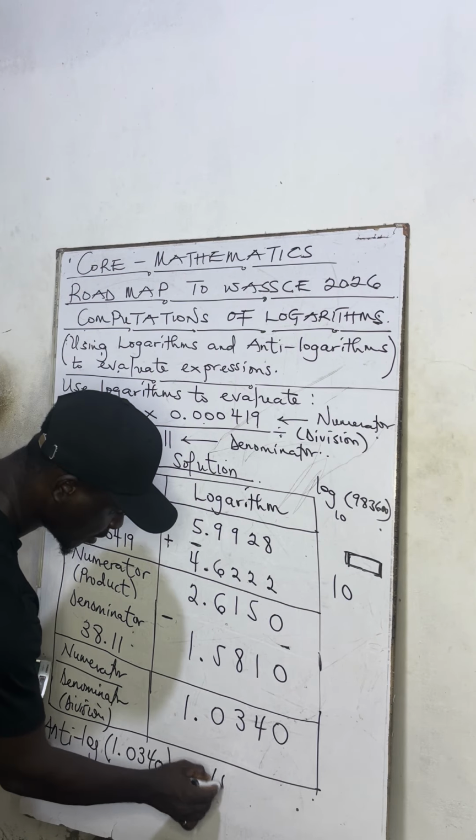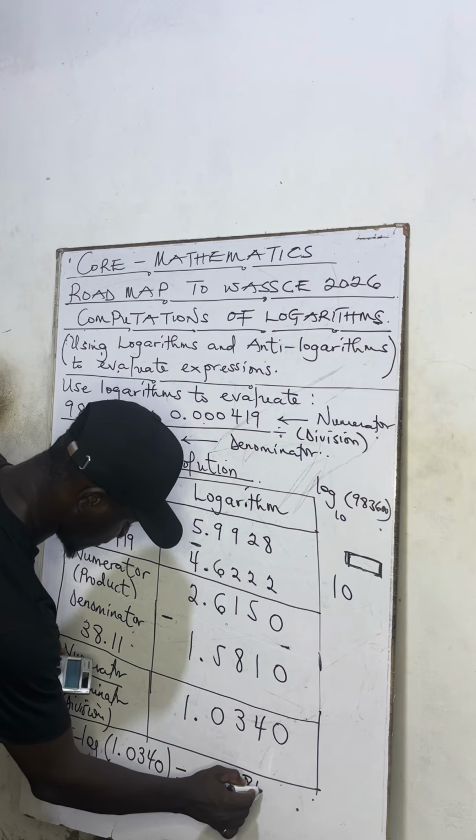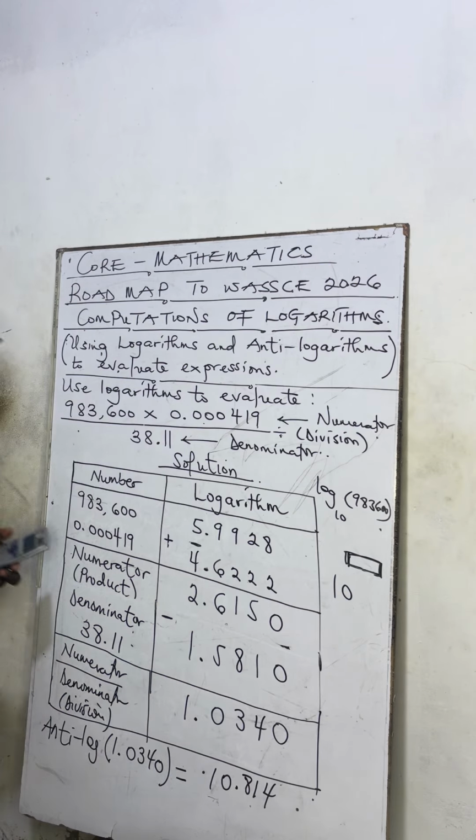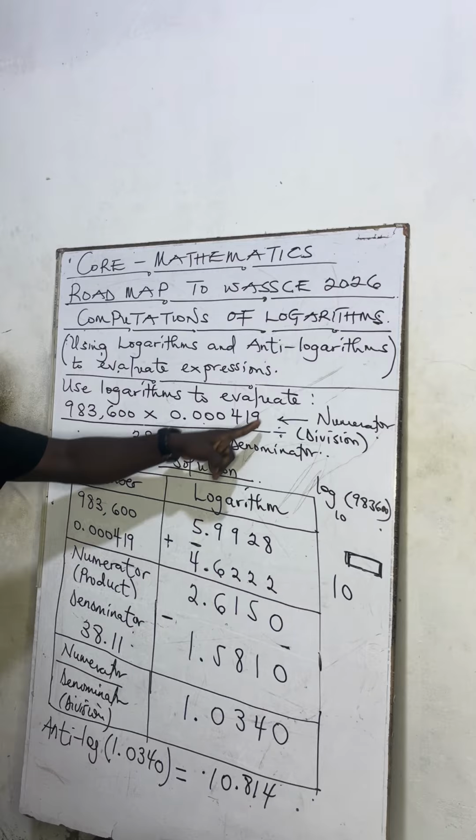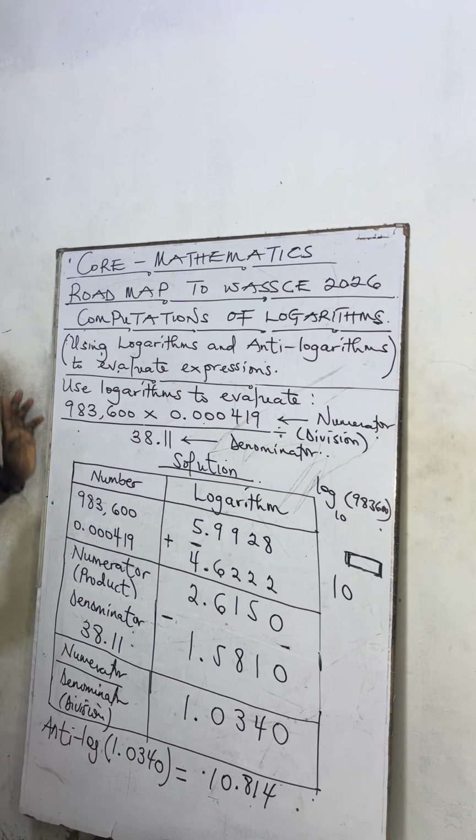So you have 10.814. Which means that if you want to confirm and see whether your answer is correct, punch the whole of this expression on the calculator and see whether you get 10.814.